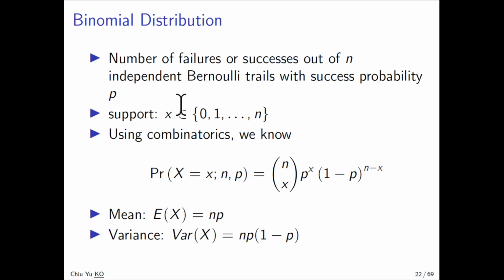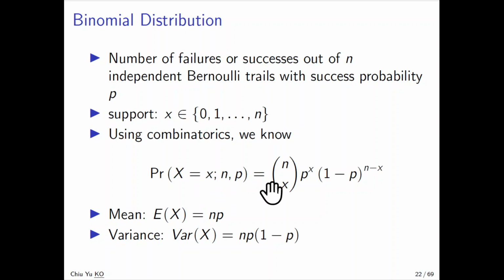So the probability distribution function f of x will be n choose x, p to the x, and 1 minus p to the n minus x. Why is that the case? If you want x successes, what is the probability?